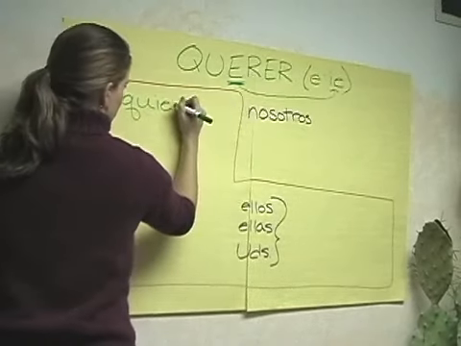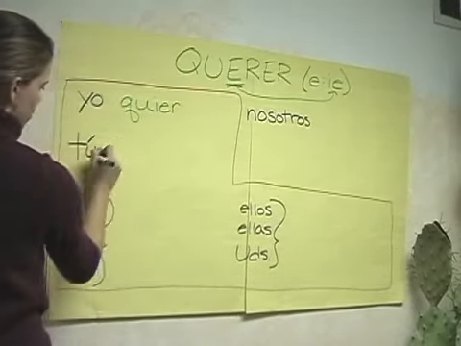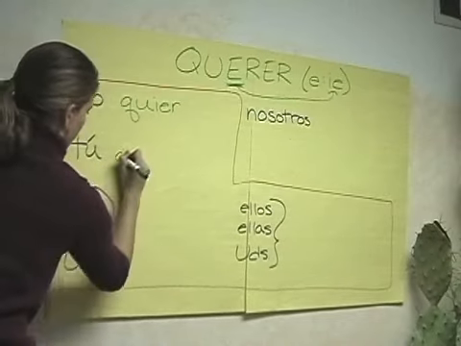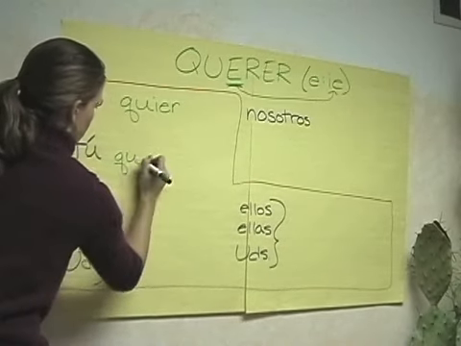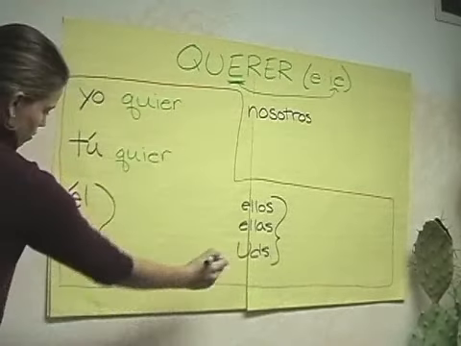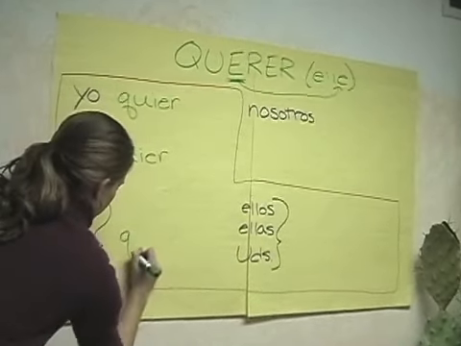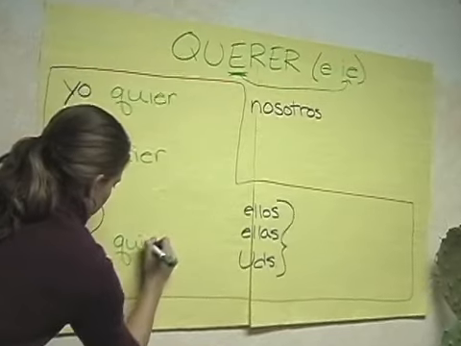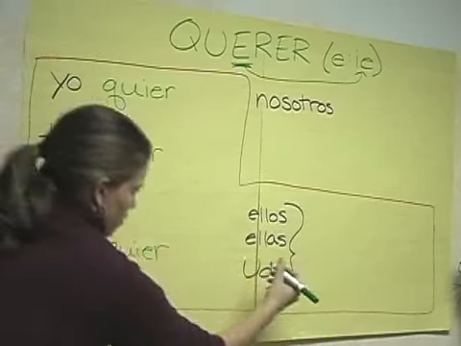And then R. The same thing goes for tú. Q, U, I, E, R. Same for these, it's within the shoe. And also these.